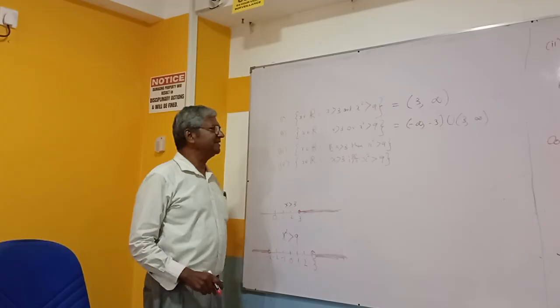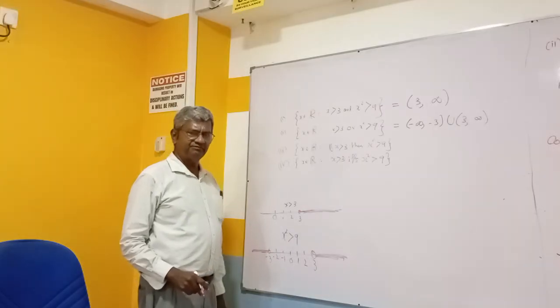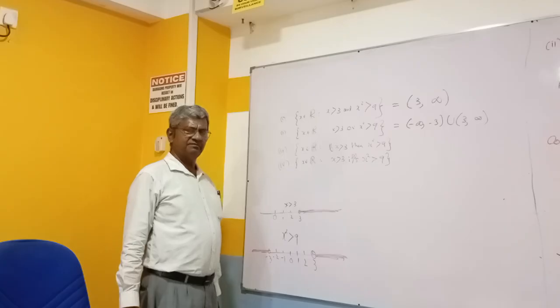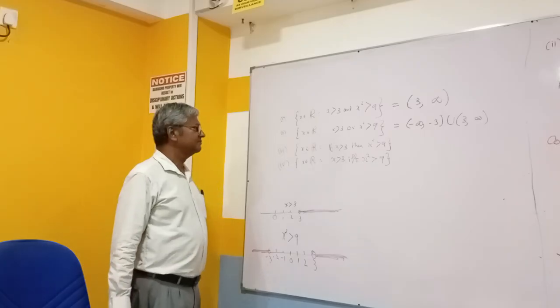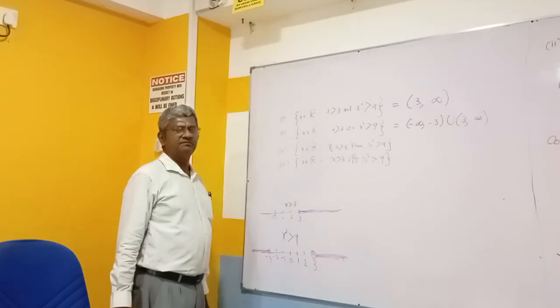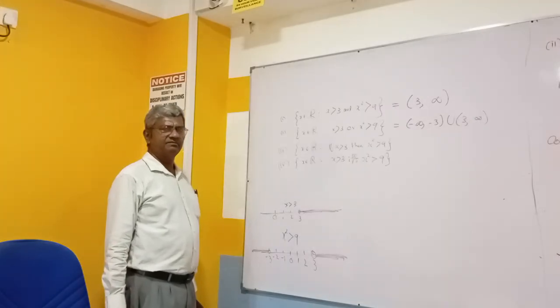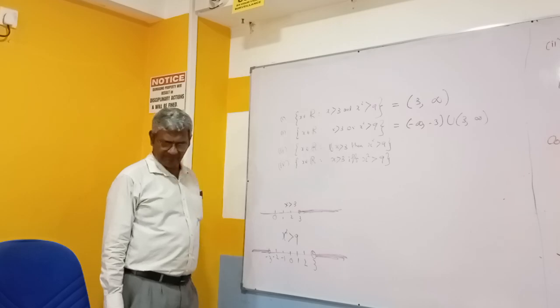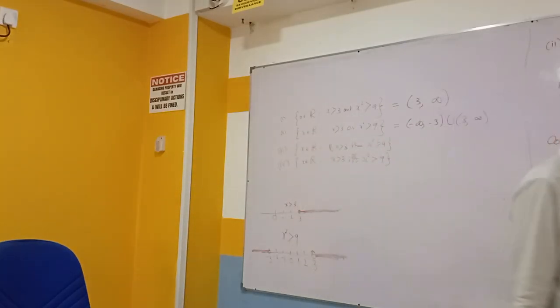If x greater than 3, then x squared greater than 9. It is the same as the first one.